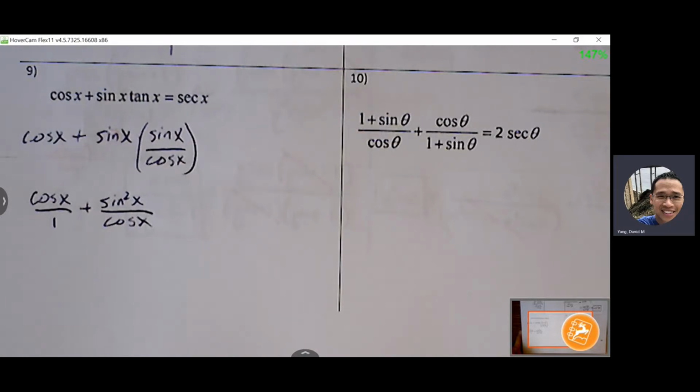Yeah. Multiply cosine. Good. Yeah, common denominator.